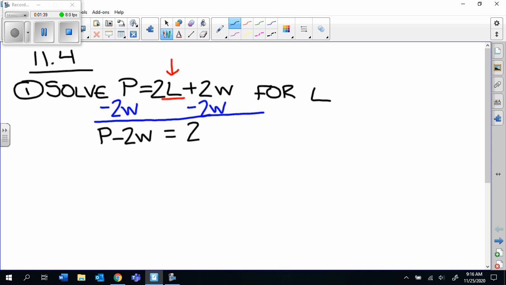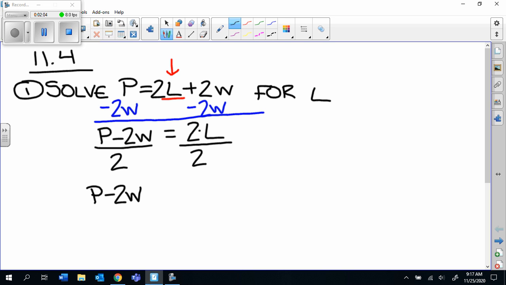Right away, when I jump that 2W over, I'm almost done, because the only thing left, you're kind of unpacking it, doing all of the opposites or inverse. So right here, we're going to divide by 2. We're going to divide by 2. And so this would be a perfectly acceptable answer for me.